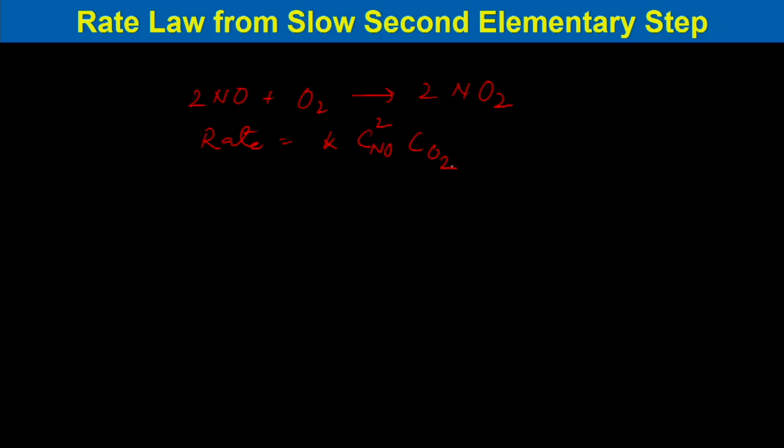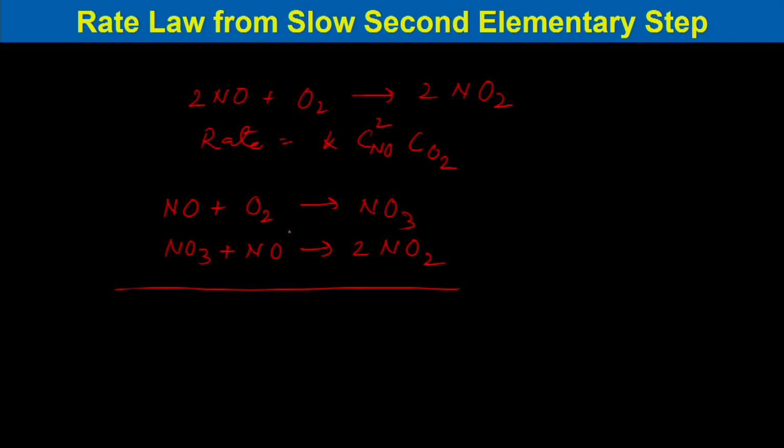So, in this case the mechanism we can propose as NO reacts with oxygen to form NO3, NO3 plus NO forms twice NO2. So, if we sum it up, the intermediate will cancel out, we will have twice NO plus oxygen forming twice NO2. So, this is the overall reaction.